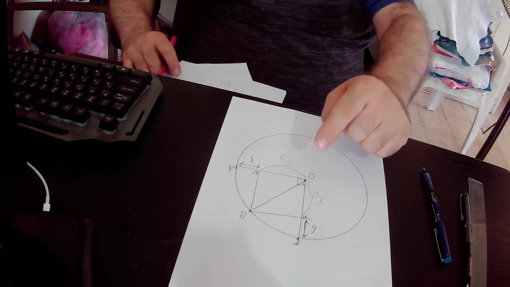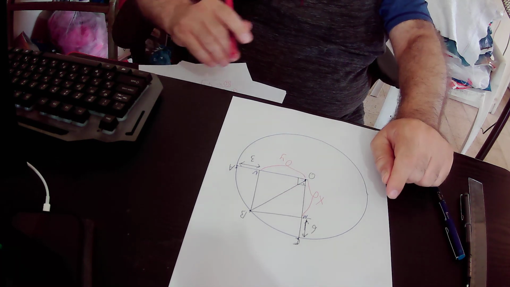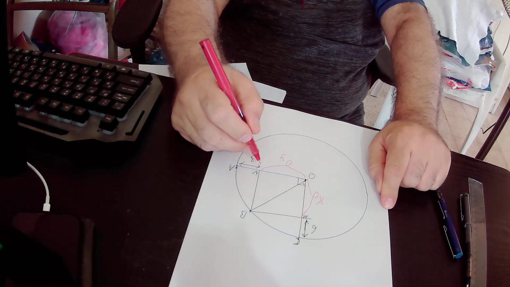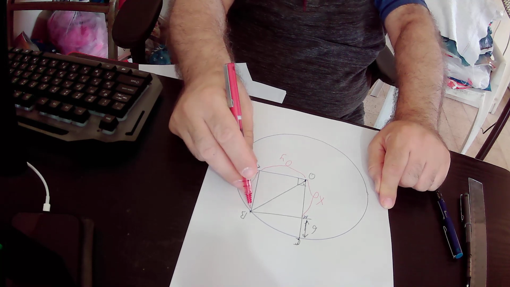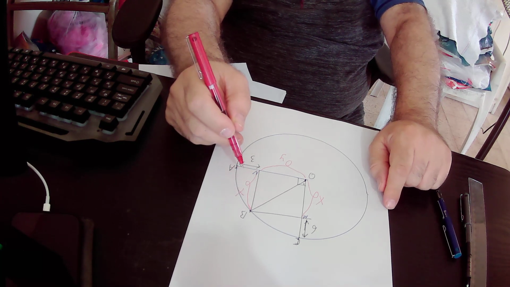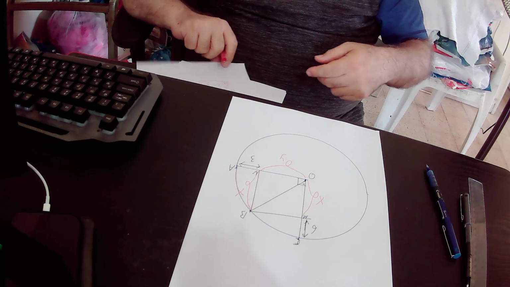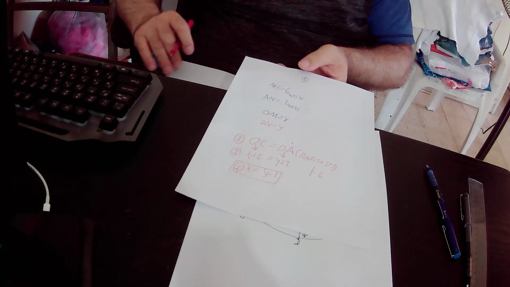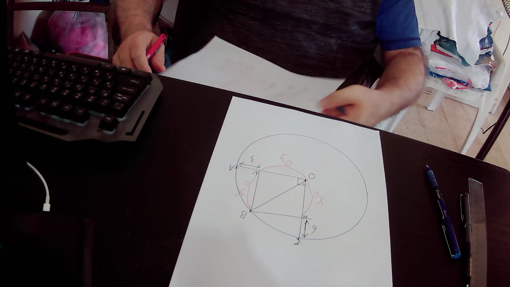Actually, because this is a square, if side OM equals x, then side BN also equals x. As you can see from equation number 1, we know that x equals y minus 3.